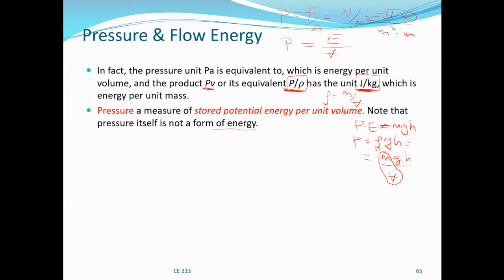So once we replace density with mass over volume, we have mgh over V, which is simply potential energy per unit volume. So that is why we are defining it specifically using the potential energy.